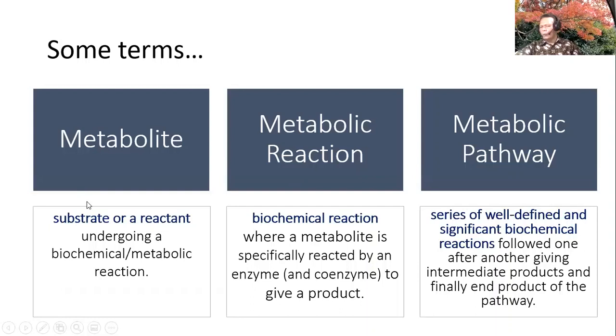Now let's see what a metabolite, a metabolic reaction, and a metabolic pathway are. A metabolite is a substrate or reactant undergoing a biochemical or metabolic reaction. A metabolic reaction is a biochemical reaction where a metabolite is specifically reacted by an enzyme and coenzyme or cofactor to give a product.